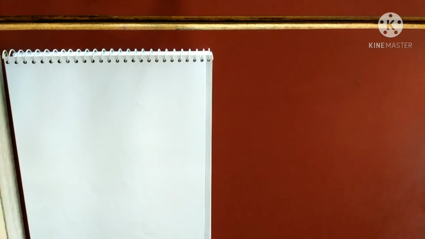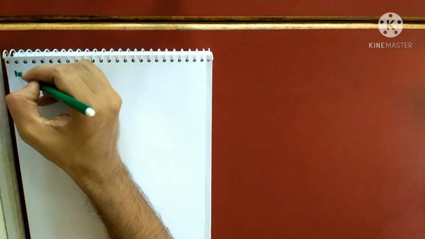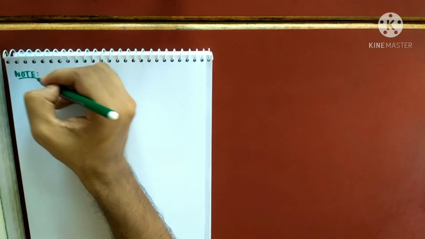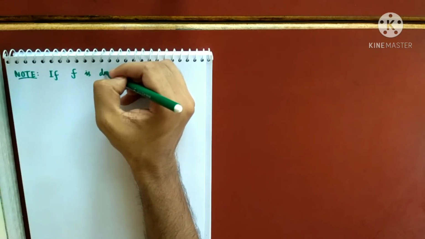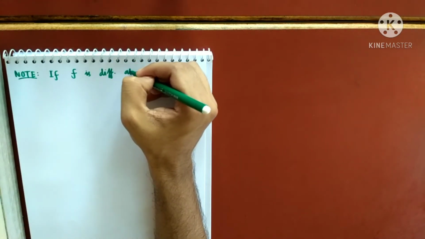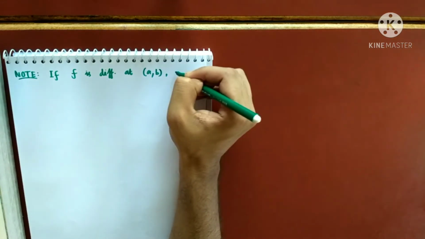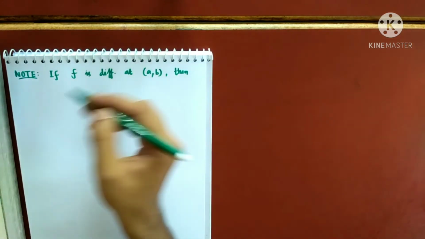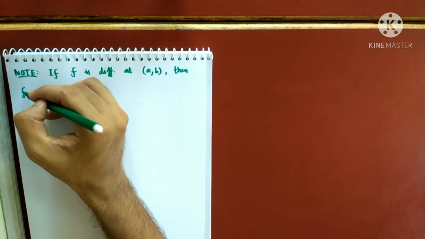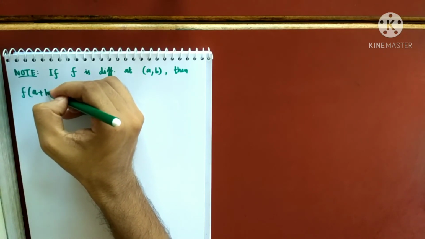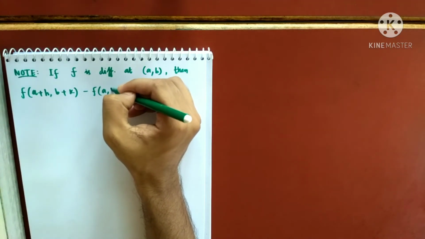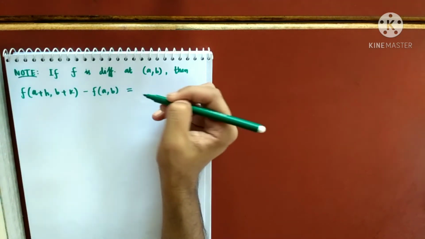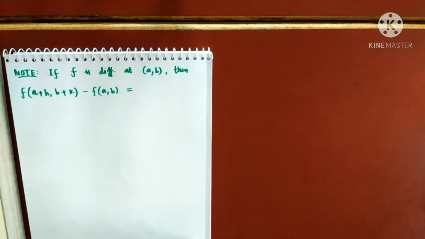What important thing does this theorem give you? Note, if f is differentiable at the point a comma b, then, try to understand my point, the increment can be written in this form.